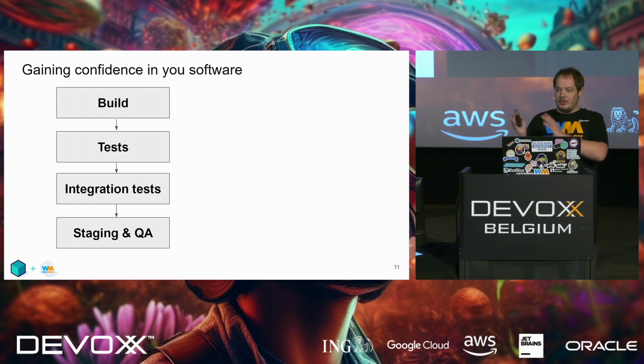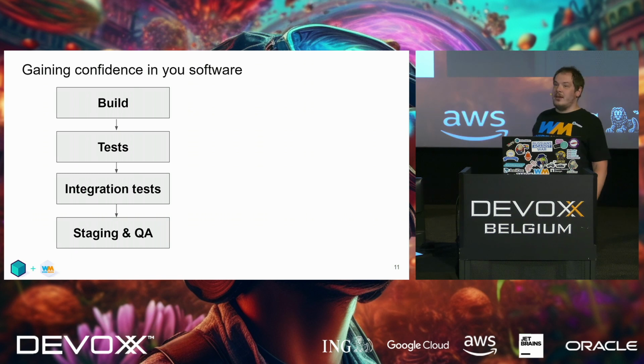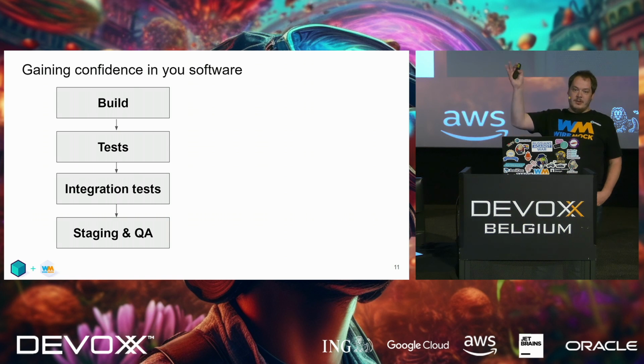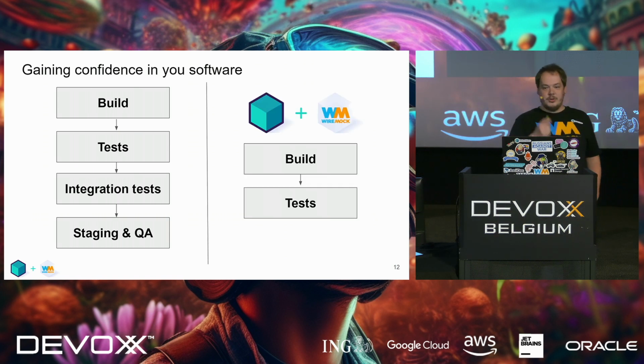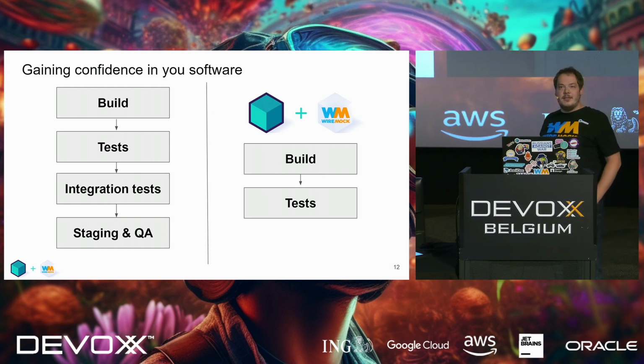Because when we talk about the classic process, when you build, test, then run integration tests, maybe with another department, and then actually deploy to staging, QA, and do tests again, it's slow, it's difficult, and it creates a lot of mistakes. As developers, of course, we build, we push, and then it's not our problem. But fortunately, with modern approaches, with shift left, there are just 2 stages left: build and test, and then ship.